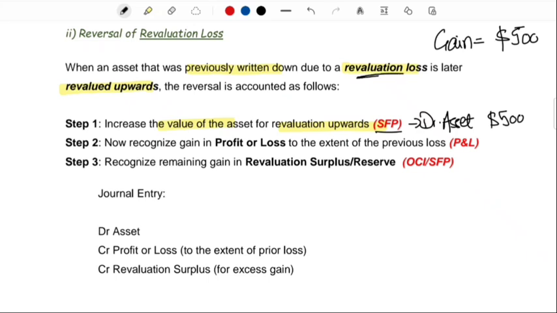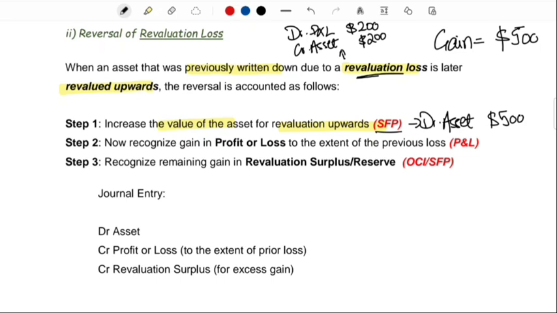When in the previous period the revaluation loss was incurred, I had passed this journal entry: debit profit or loss, recognizing a loss, and credit the asset to bring the value of the asset down. Now assume that the loss in the previous period was $200 and I had reduced the value of the asset by $200.